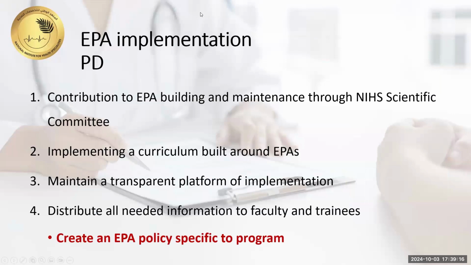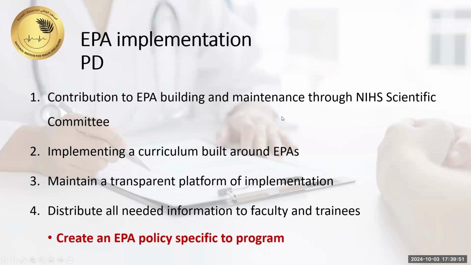Next slide. Yes. So you see here, I put in red, create an EPA policy specific to the program. That is very important because in this policy is the enumeration of all important tasks regarding the EPA for the faculty and for the fellows, the trainees, to know. And also, it tells them when and how the decision process is going on.